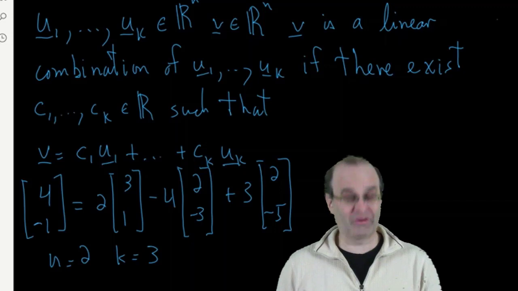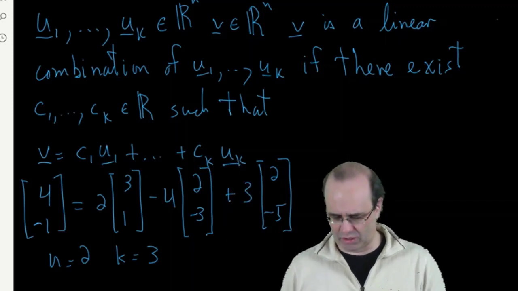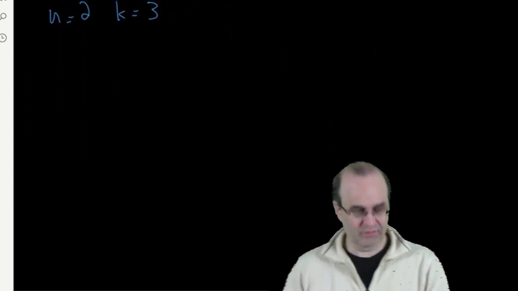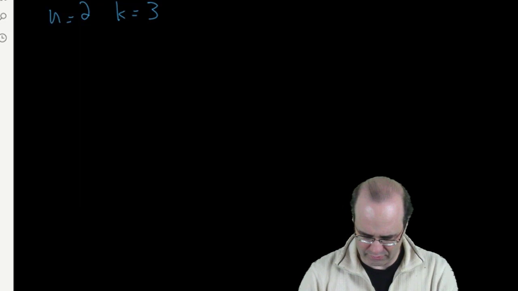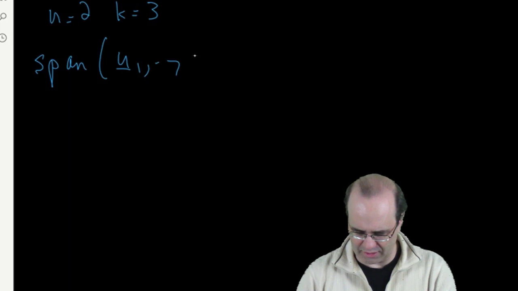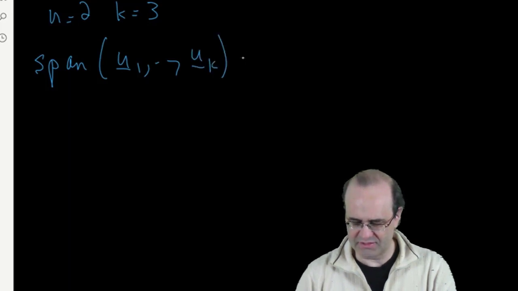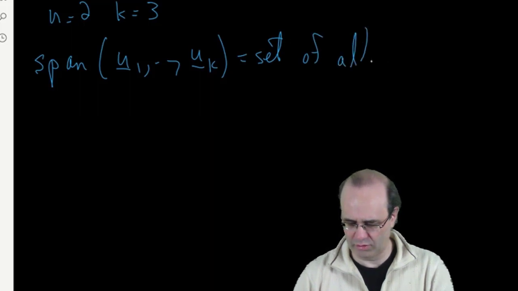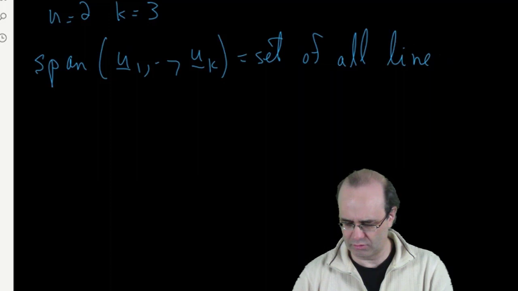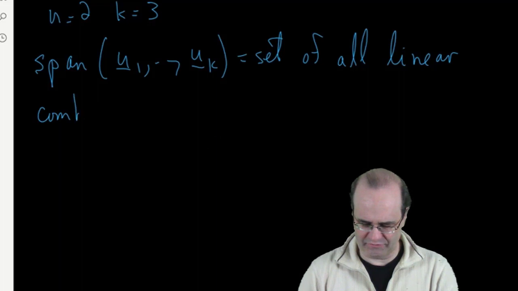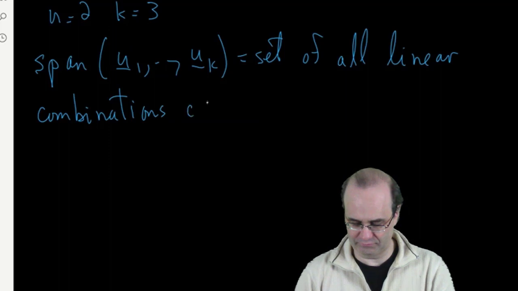So if we have vectors again like this, u1 up to u sub k in Rn, the span of these vectors, u1 up to u sub k, is the set of all linear combinations of those vectors.